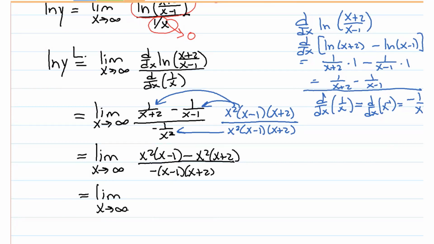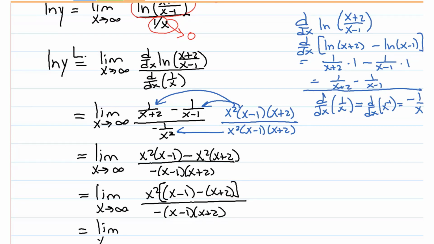For the moment, I'm going to factor out an x squared, which leaves behind x minus 1 minus (x plus 2). So that's going to be the limit as x goes to infinity of x squared times negative 3, so negative 3x squared over negative (x minus 1)(x plus 2).